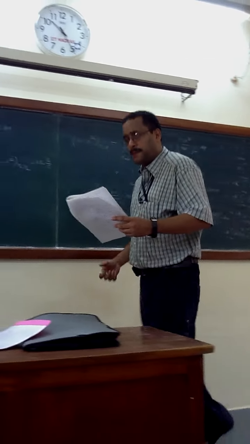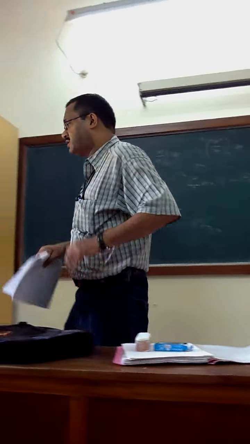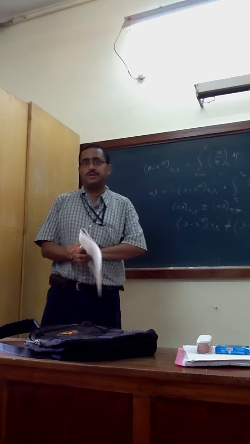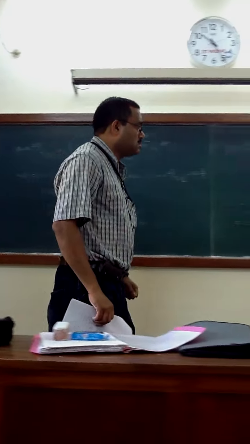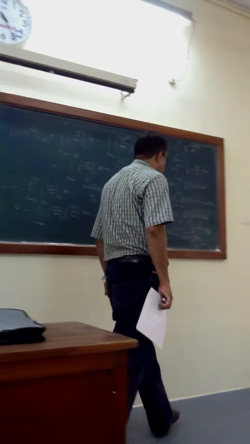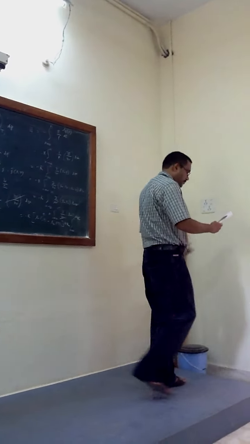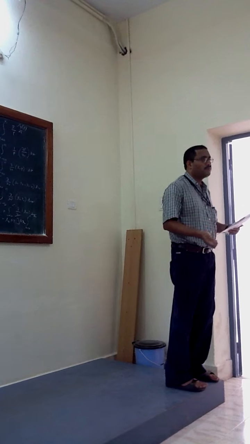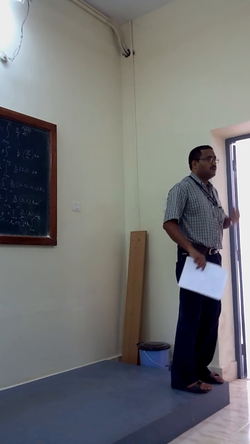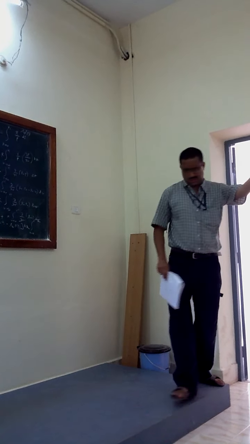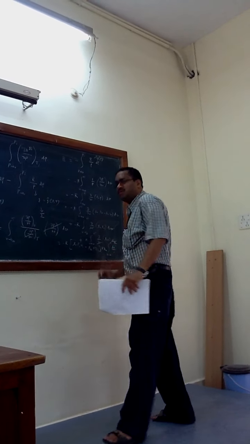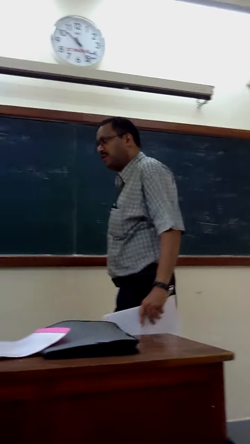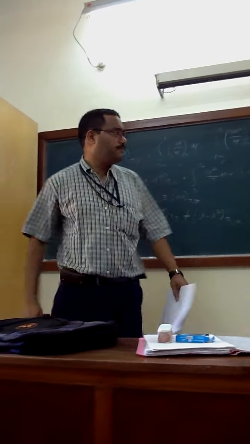Differential of ln V. I am just trying to test your calculus knowledge. I am not happy with you. I am not getting a good answer so far except from one or two. Differential of ln V. What should I write? Any idea? 1 by V dV. Yes. Very simple. That's all. Differential is dV by V.